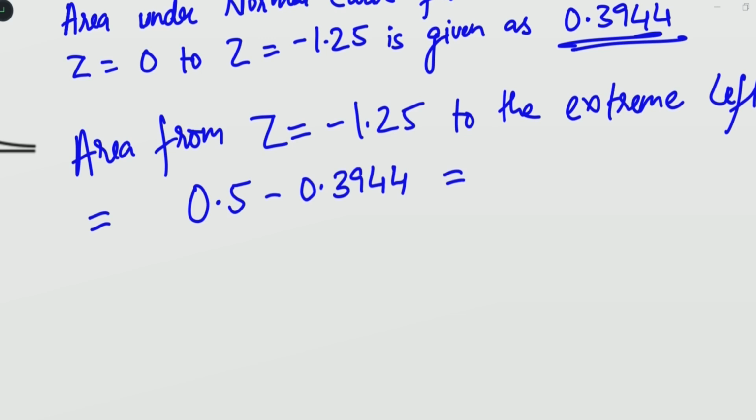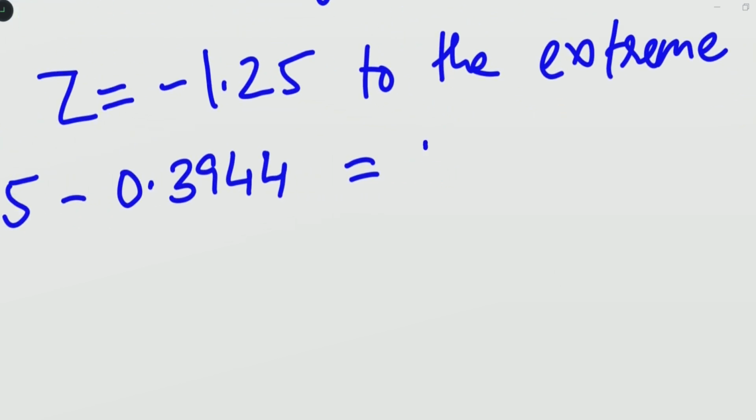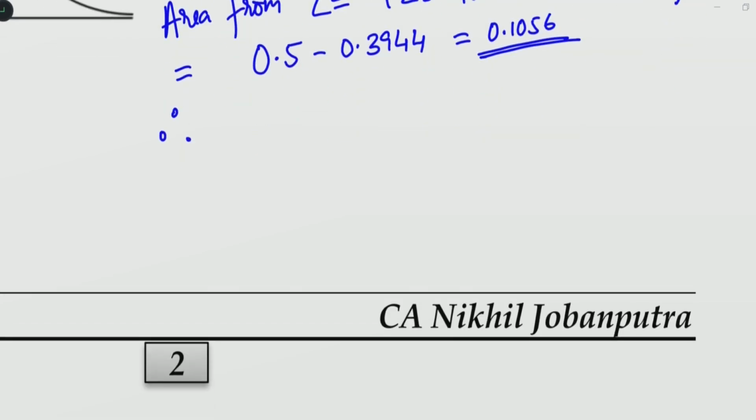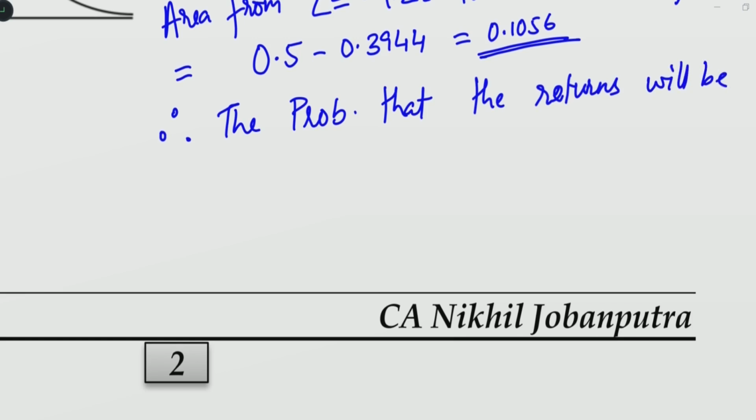0.5 minus 0.3944, you get 0.1056. And we conclude below that, therefore the probability that the returns will be negative equals to 10.56%.